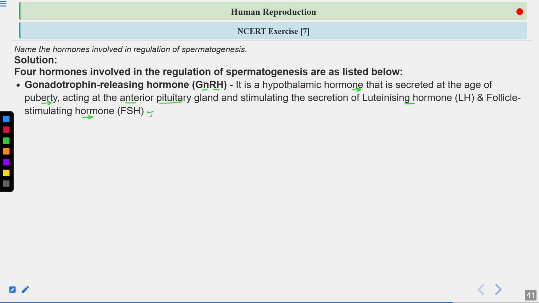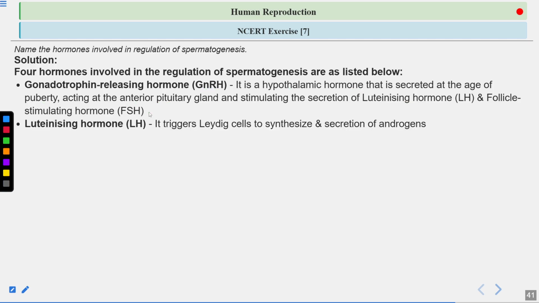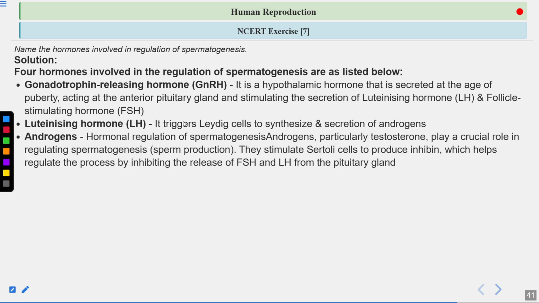Now these two hormones have been released from the anterior pituitary. What is the function of luteinizing hormone? Luteinizing hormone triggers the Leydig cells to synthesize and secrete androgens. Androgens are male hormones, specifically testosterone. Now what is the role of FSH?